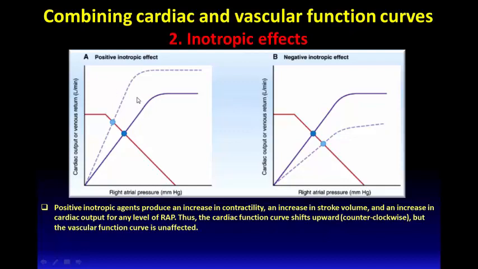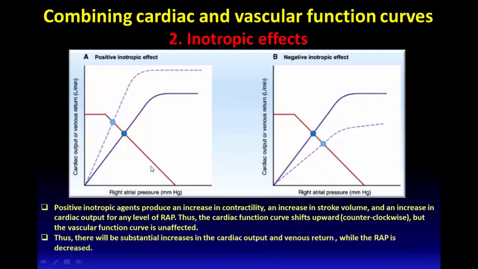The shift is counterclockwise, but the vascular function curve, the venous return curve, is unaffected. Thus, this is now the new equilibrium point. As a result of the positive inotropic effect, there will be substantial increases in both the cardiac output and the venous return, while the right atrial pressure is decreased.